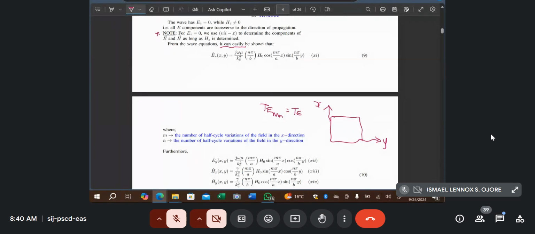Let's give an example, maybe 3, 2. So half cycle variations in the x direction are 3. M is equal to 3 and n is equal to 2. So how do we show that? So the field, when you look at the field and the propagation, let me use blue.